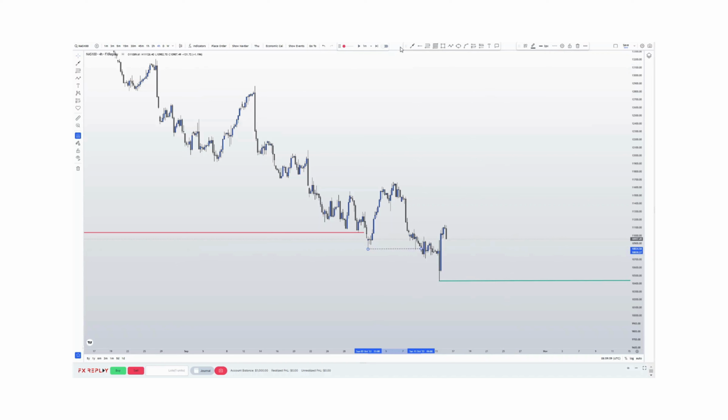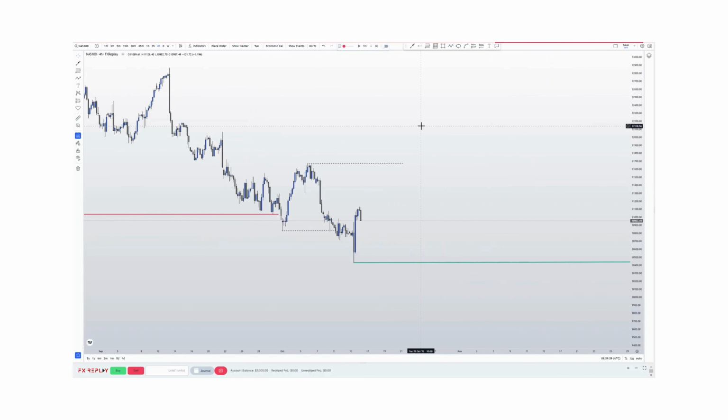So that means that we have this point as our internal strong, and on the internal of the H4 we also have this as the internal weak.